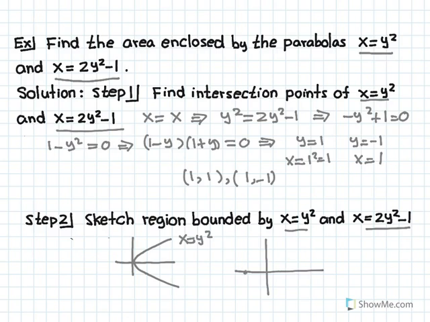So we shift it to the left, and it's also vertically compressed by a factor of root 2. So it's going to be like this, closer to the x-axis, and shifted to the left by 1. So this would be x equals 2y squared minus 1. And let's write x-axis here, y-axis, just to be precise, and the origin.